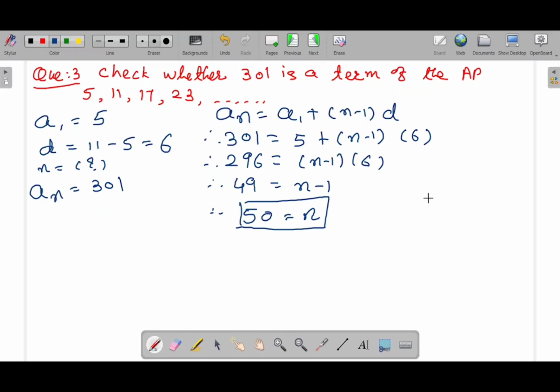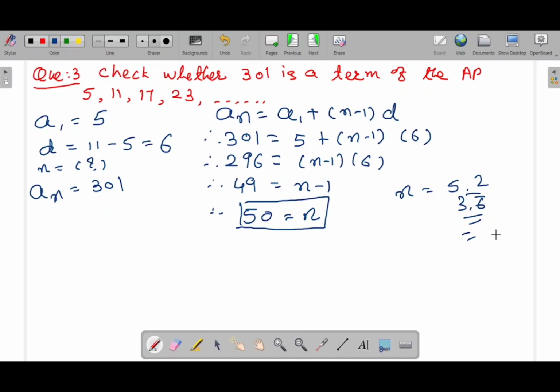But by chance, if you get some decimal number, let's say you get n equal to 5.2 or 3.6, something like that, then you know that the number of terms cannot be in decimal or in fraction. Either it can be the fifth term or the sixth term. 5.5 term is not possible.